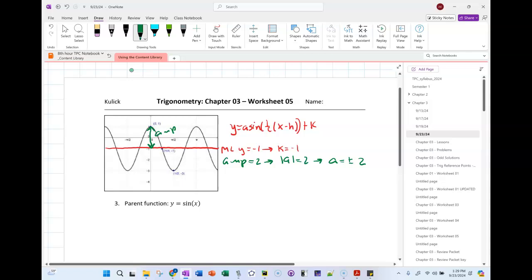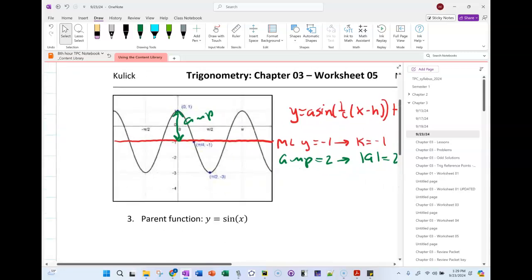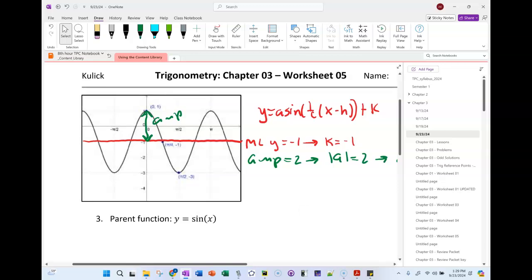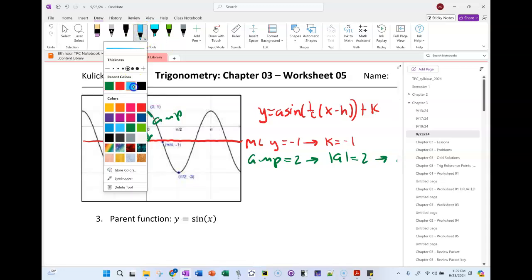Okay. How do we decide whether we want the positive or the negative for 2? So it does depend on which point we're using. Since this is a sine function, should we be using maximum, minimum, or midline? Midline for sine.